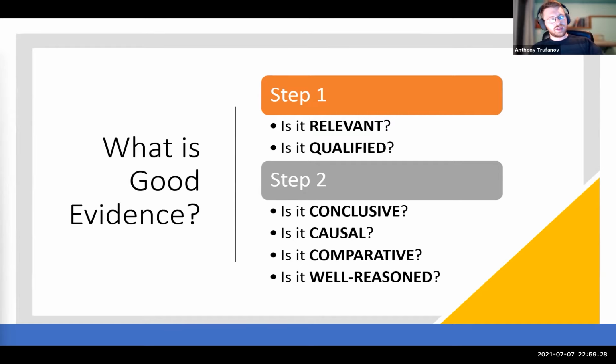Another thing that sets apart good evidence and the best evidence is whether or not it is causal. Causal means, is it describing a cause and effect relationship? In debate, we are usually talking about whether a resolution causes good or bad things.